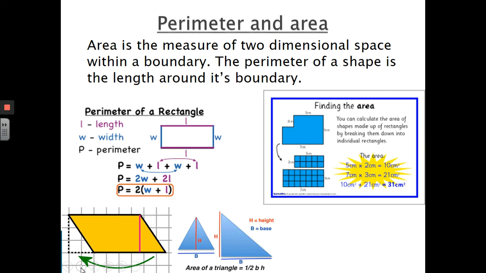Like in that drawing there, you could cut out a parallelogram and cut off that triangle at the end where it slants down, and then refit it on the other side to form a rectangle, thus proving that it's still length times the width, like a rectangle. These are quite old moments for children. It's really important that they get to handle the shapes, get to cut out, get a feel for why these formulas work. It will really bolster their understanding.